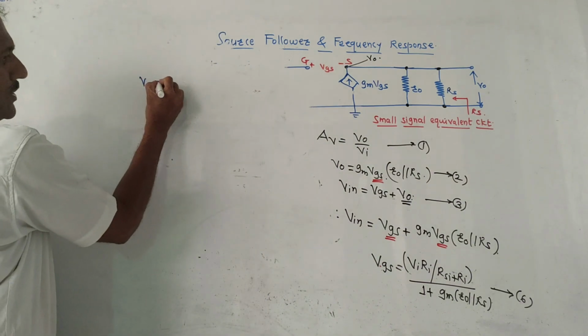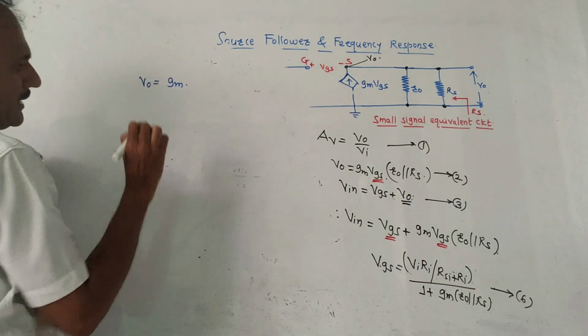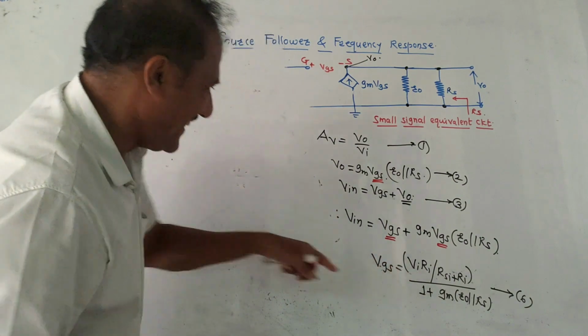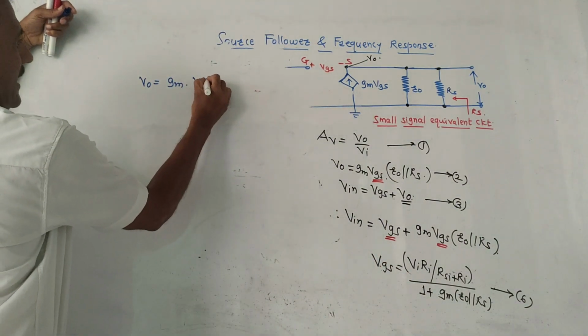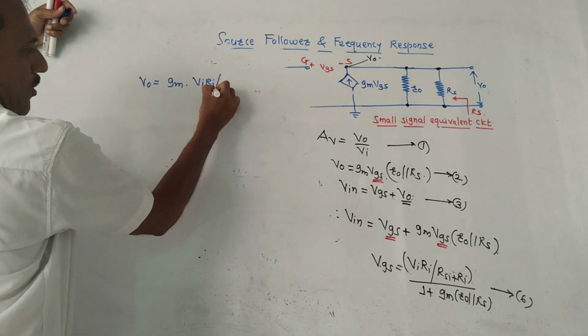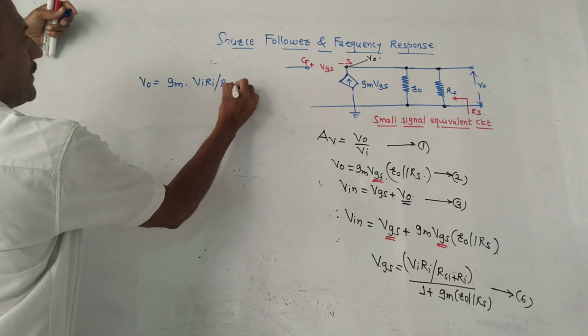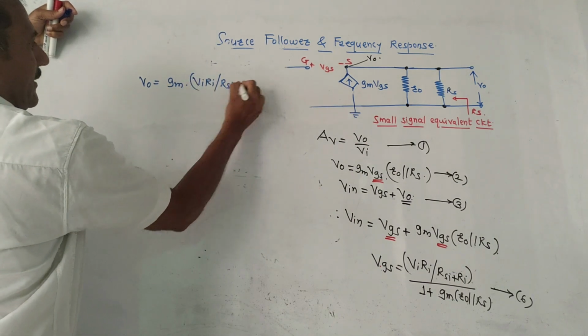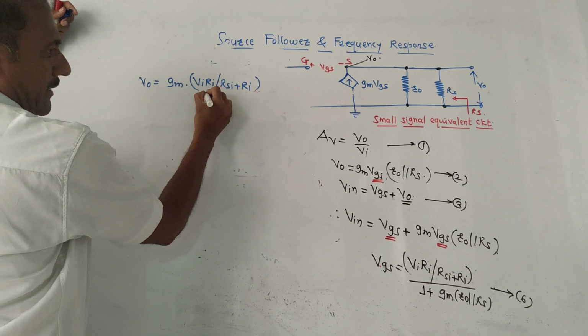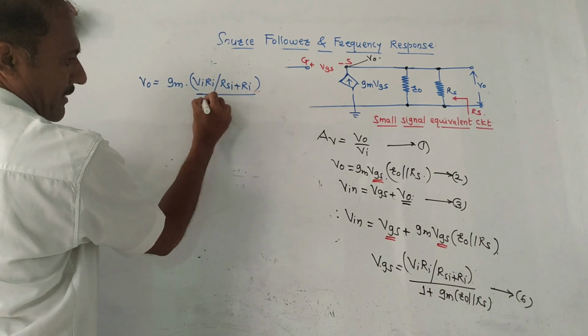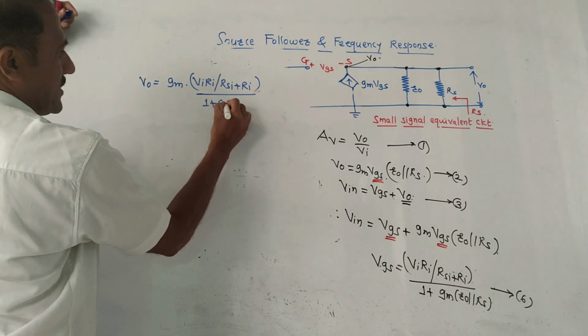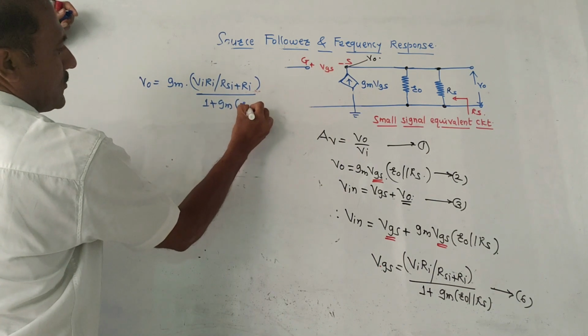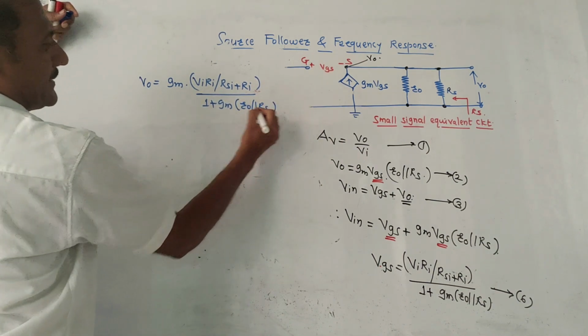So V0 is equals to GM into this entire thing, VI RI upon RSI plus RI in one bracket divided by 1 plus GM R0 parallel RS.